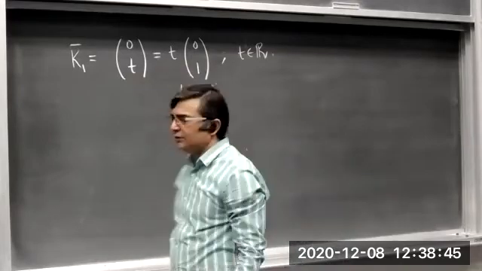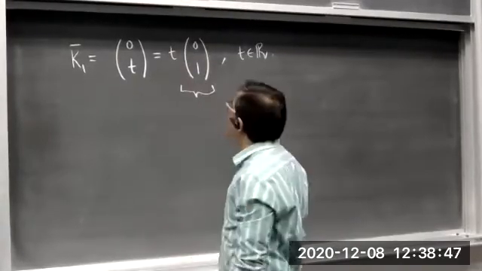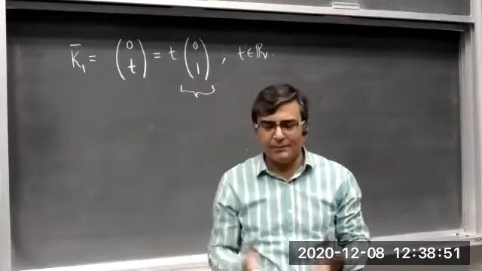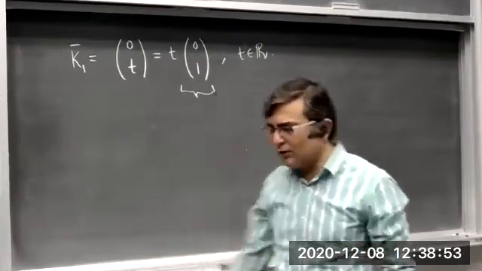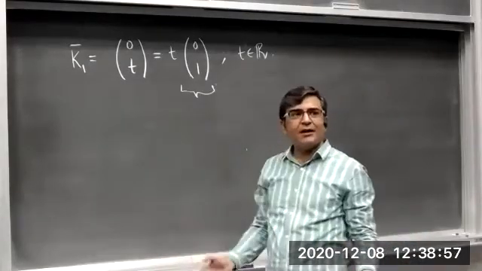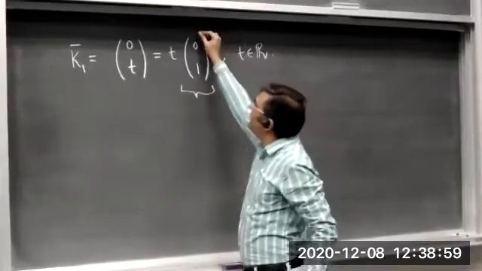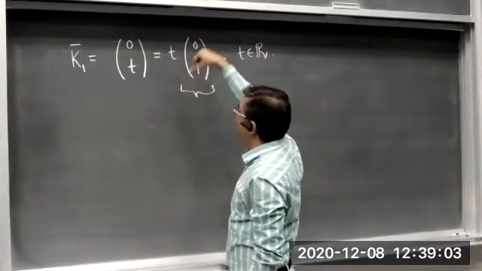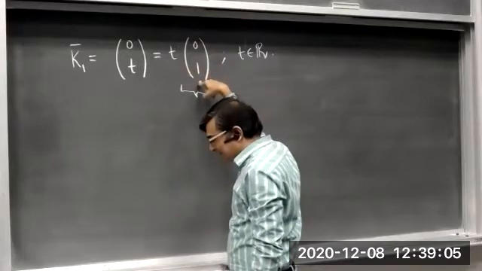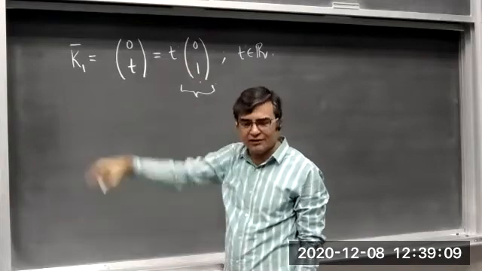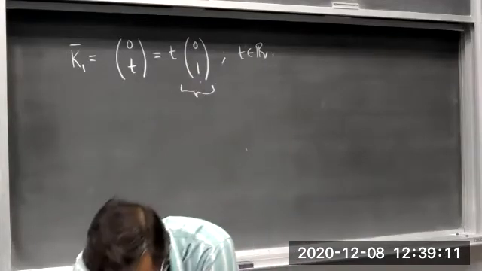So the only vector which generates that eigenspace, you would have studied in linear algebra. These vectors generate eigenspaces, but we take only the vector which is the basis for that eigenspace. So this is the main vector which generates that K1 eigenspace.